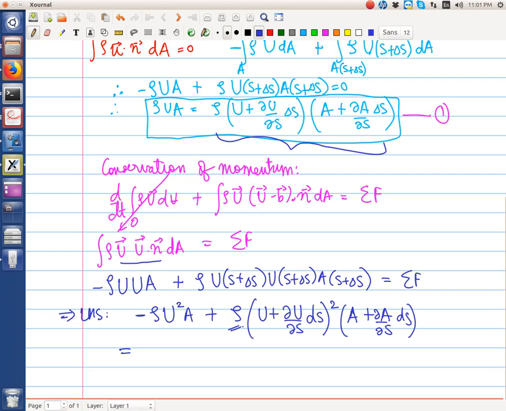So rho del u/del s delta s, so one of the powers comes from here, and this becomes minus rho u square a plus rho u a multiplied by (u plus del u/del s ds). Okay, so this power is actually two terms, so if I want to, I can write it as this.